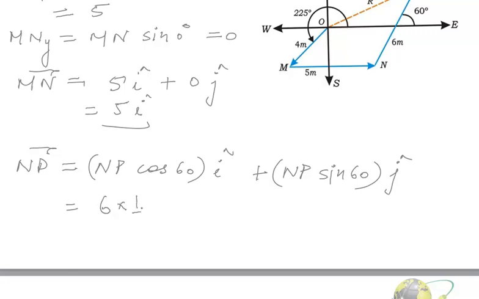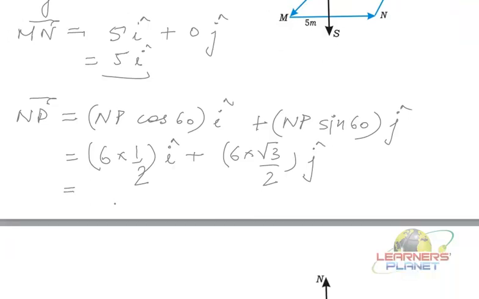Cos 60 is half, so 6 times half is i cap, plus 6 times sin 60, which is root 3 by 2, j cap. So this can be finally written as 3 i cap plus 3 root 3 j cap.